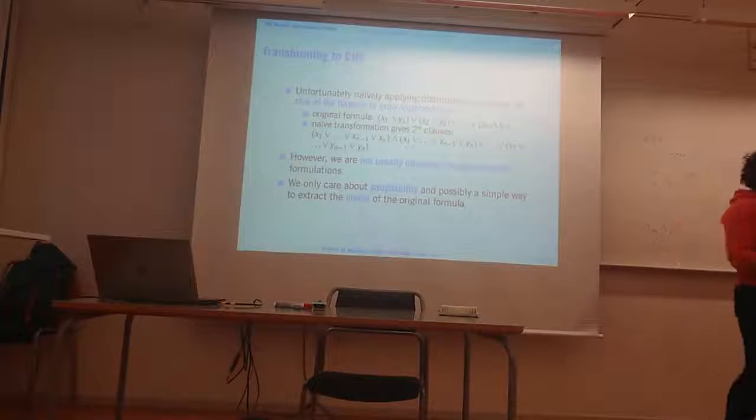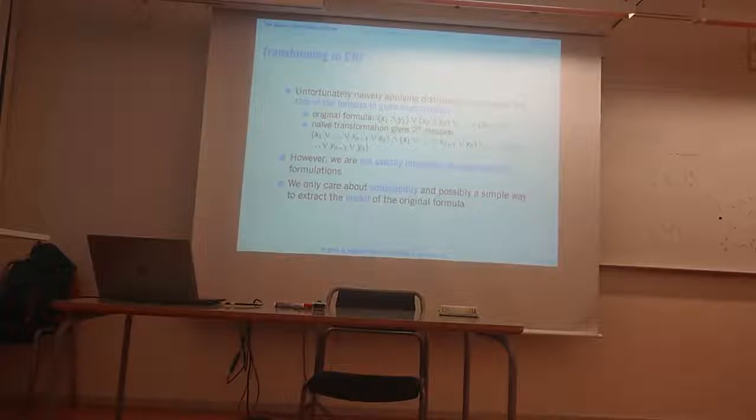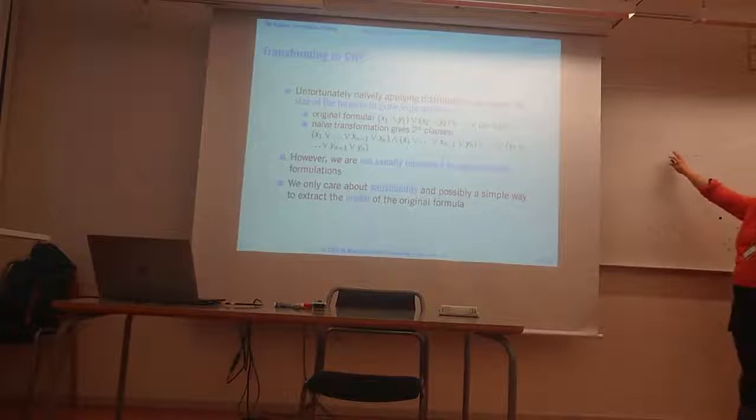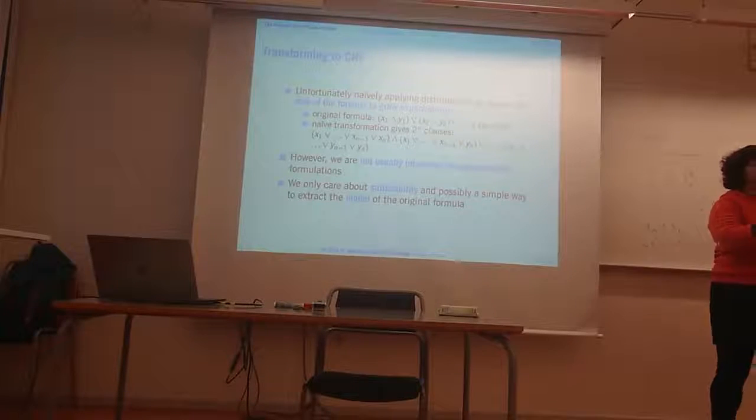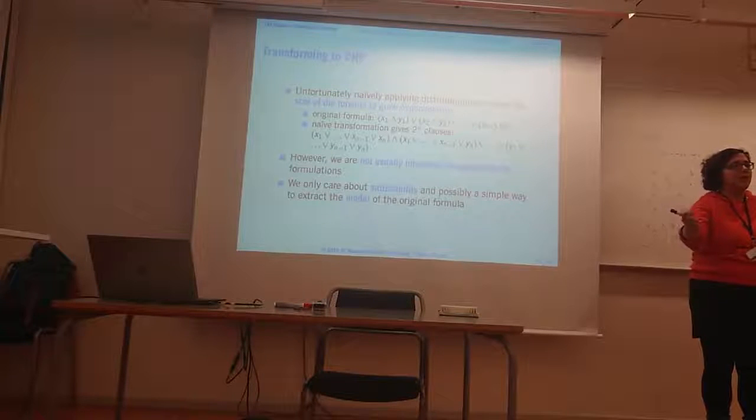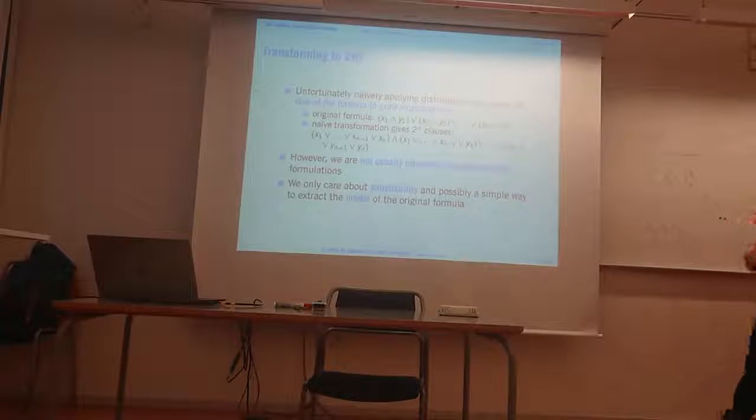But why are we transforming the formula to CNF? Because we want to find a model, or we are not even necessarily interested in finding a model, we just want to see whether the given formula is satisfiable or not. For example, there is a certain process in your Linux, and we want to decide whether to tell the user that there is going to be an error or not. Basically, we just want to give an answer to the satisfiability problem.